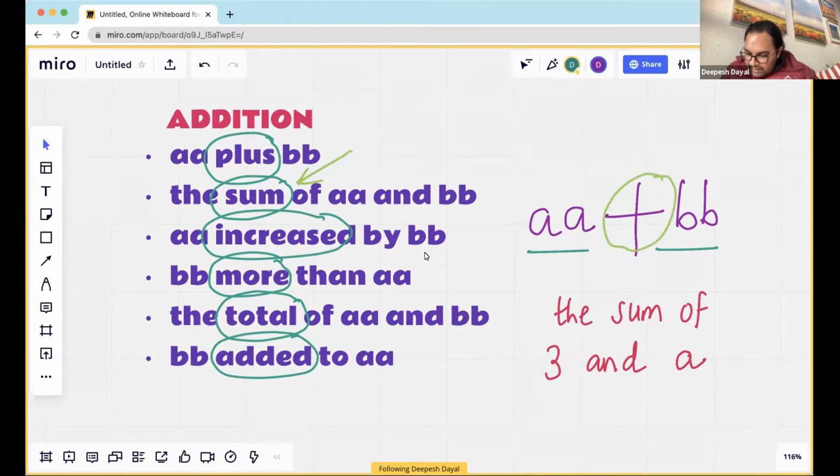So when we're saying sum here, it must be 3 plus A. Okay, does that make sense? So when we say sum, it must be a plus in between, right?